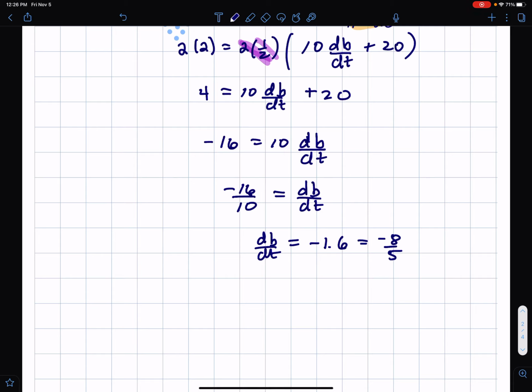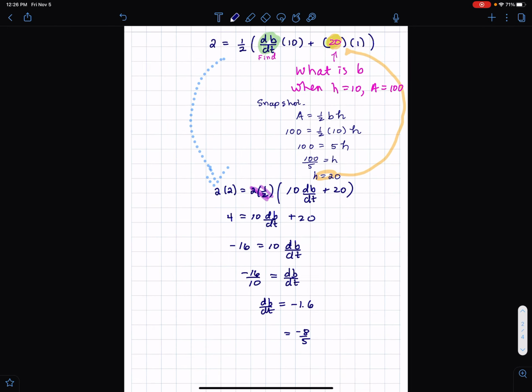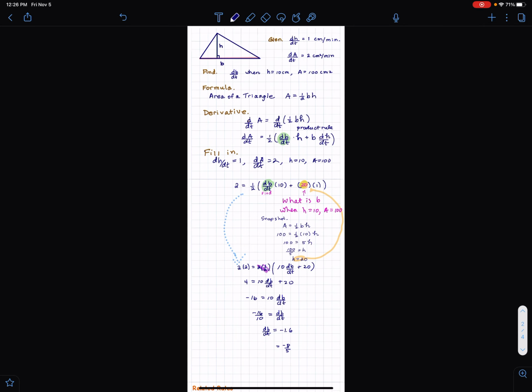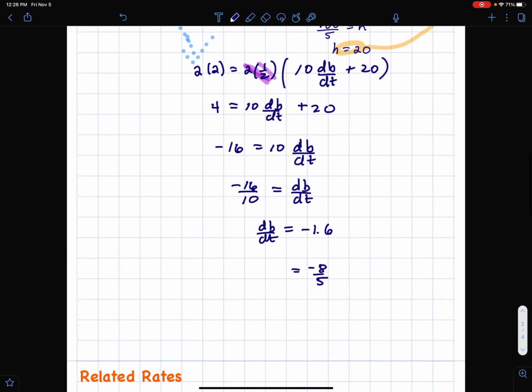And someone will say, which one do you want? Well, they're the same. I don't like a decimal that's rounded off, but that's the exact value. The b is in centimeters, time is in seconds. So that's centimeters per second.